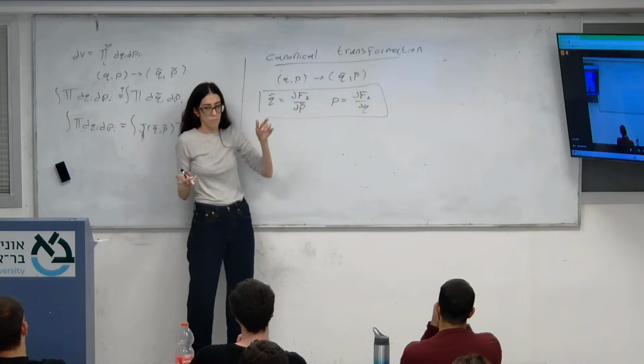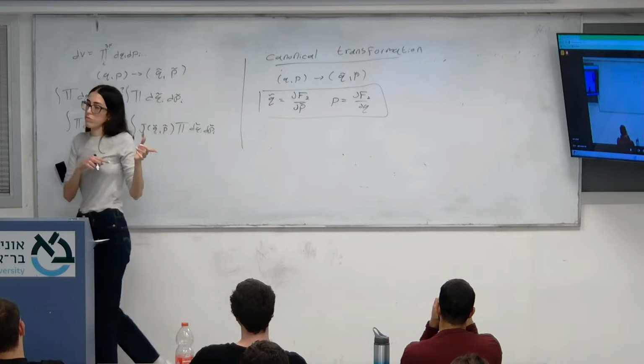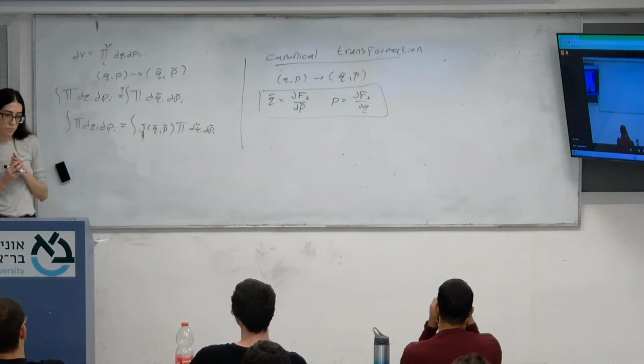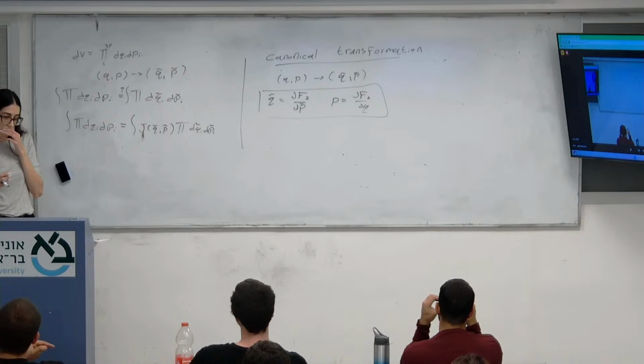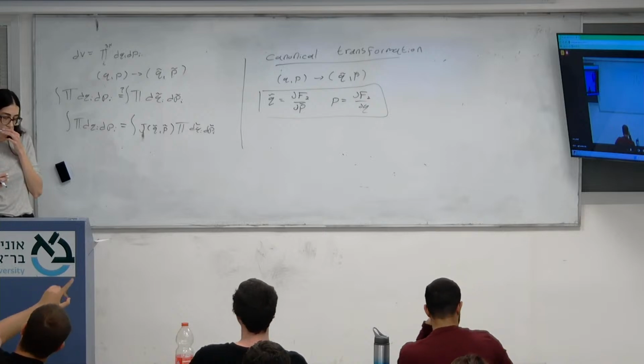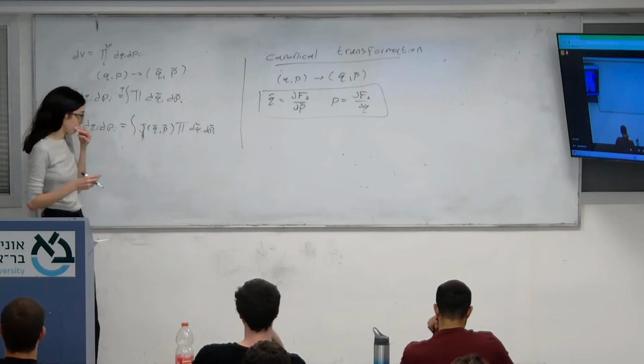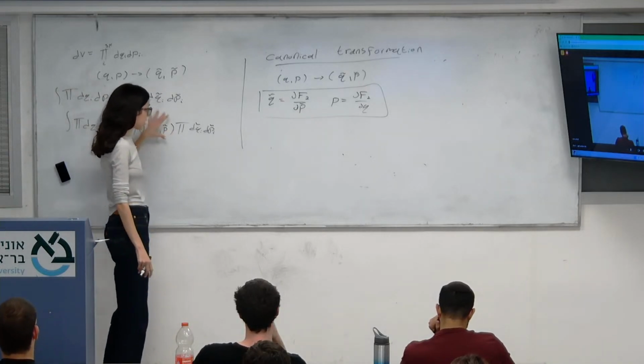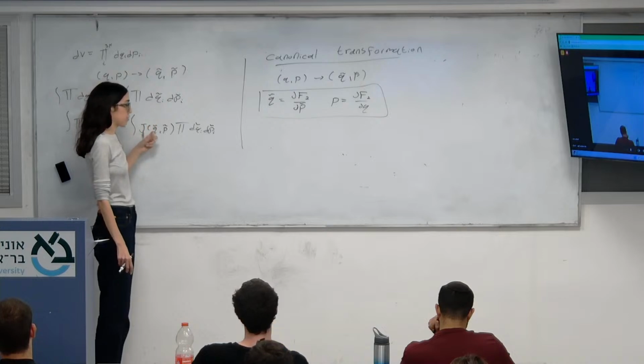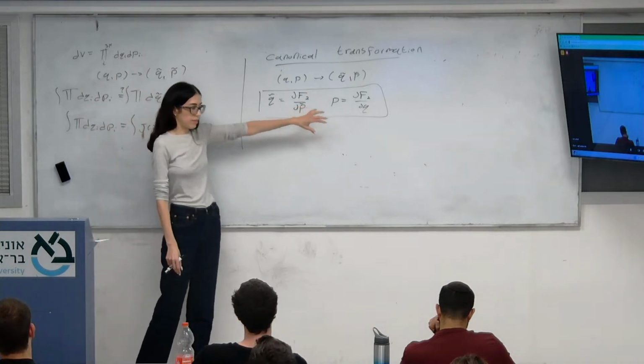So you cannot go the other way. Okay, assume here that Q tilde and P tilde are the transformation is canonical also here, or here we will need to prove it? No, so now I'm going to assume that all of those are canonical.